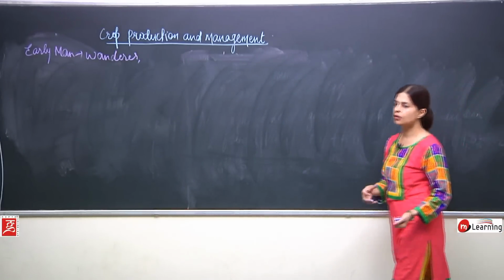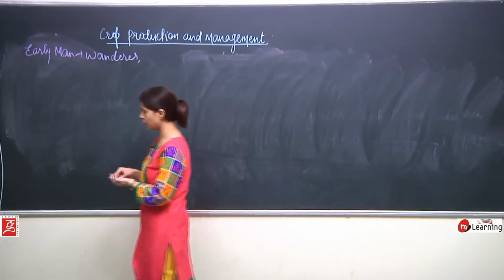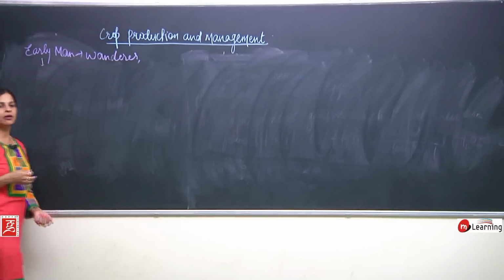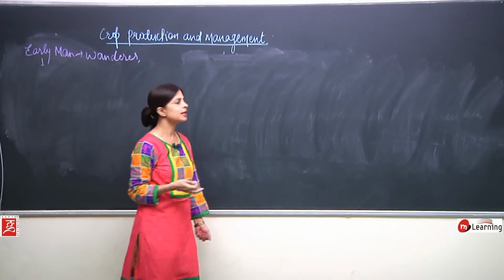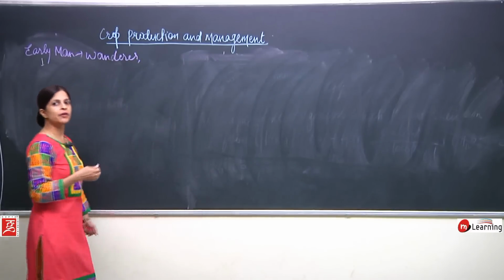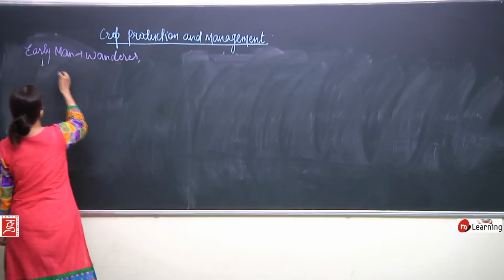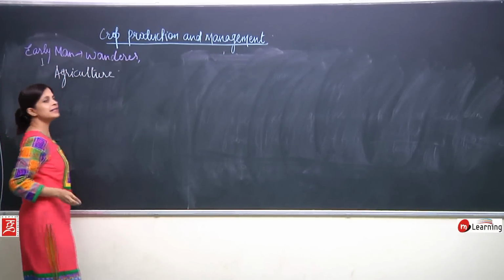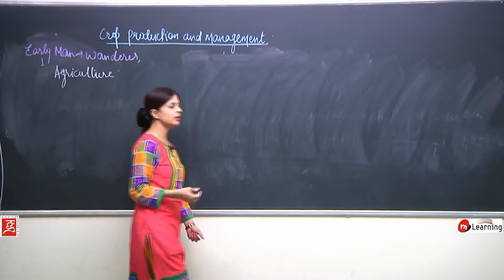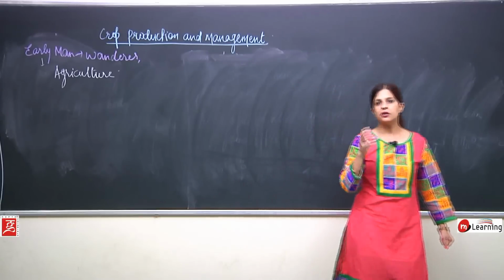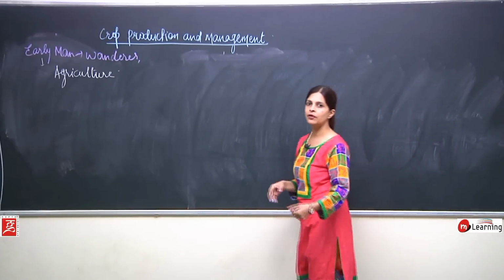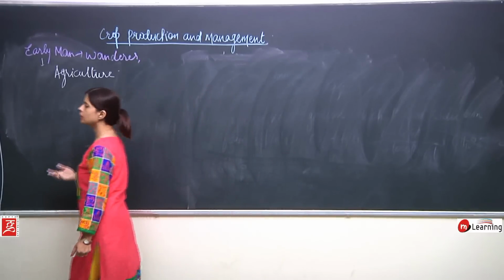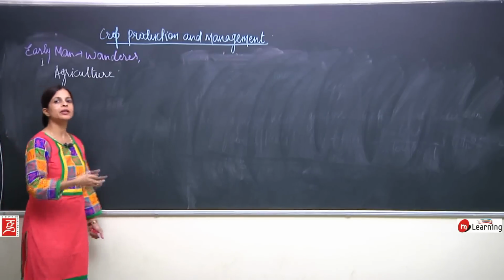They used to eat raw food, raw vegetables first of all, and slowly they started growing crops. In this way, we can say that agriculture came into existence for the first time.